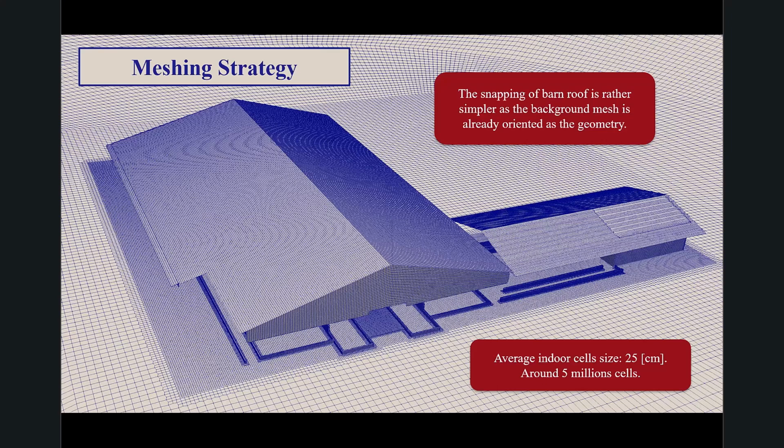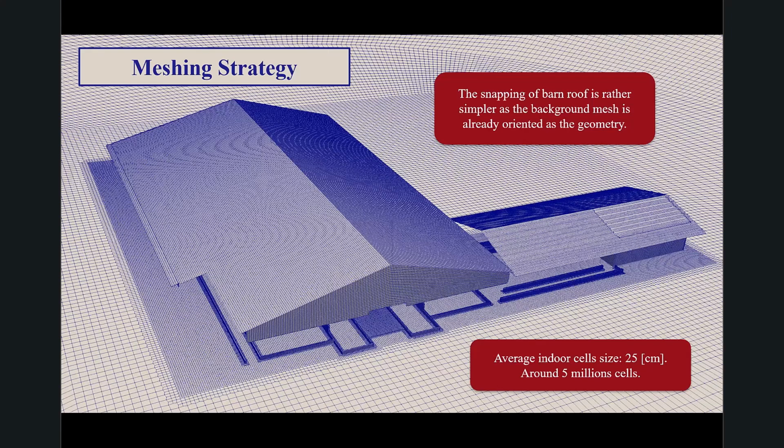I do not have any results about this, but we started from a much smaller size of external space around the barn, and we managed to find a good compromise with a few tanks on each side of the barn.